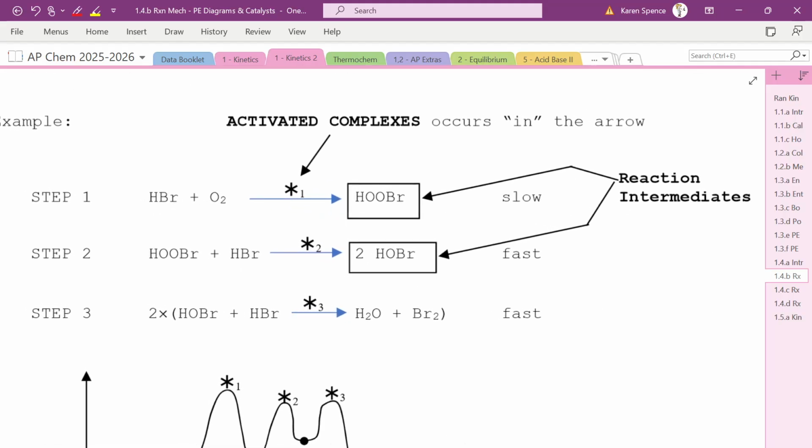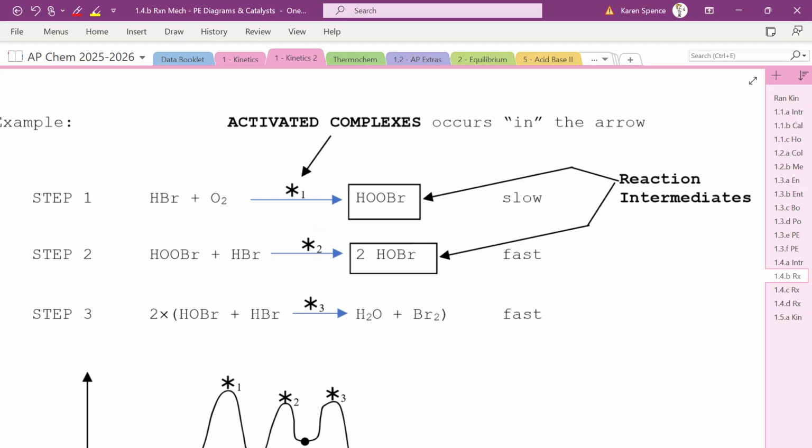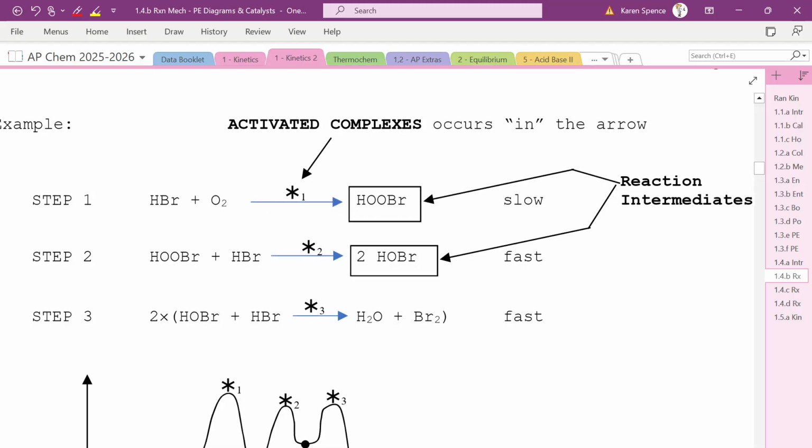This is the reaction we had from last day, and if you remember, reaction intermediates do show up in the reaction mechanism. What doesn't show up in the reaction mechanism? The activated complexes, those are in the arrow.